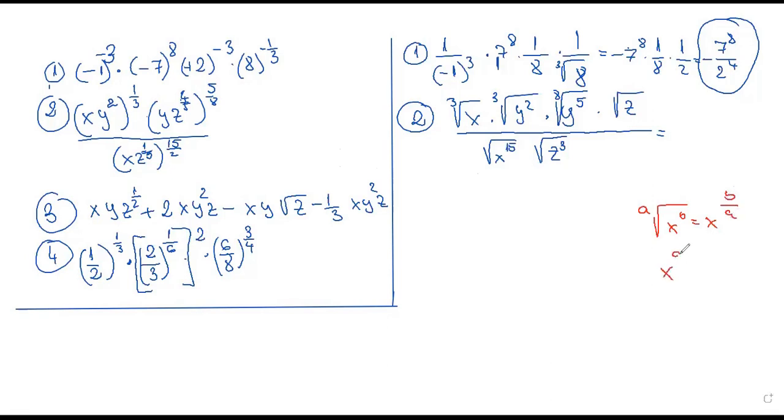X at the power of a over x to the power of b is x to the power of a minus b. X to the power of a times x to the power of b is x to the power of a plus b.